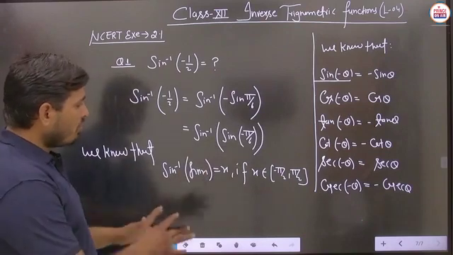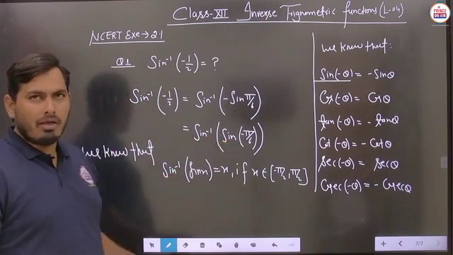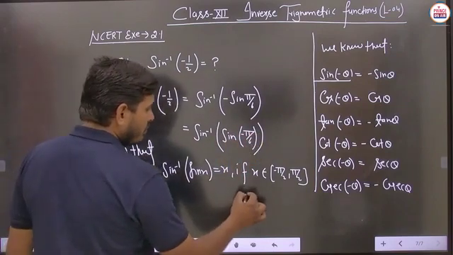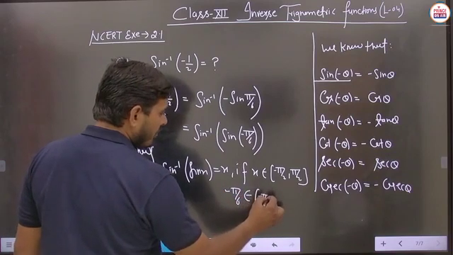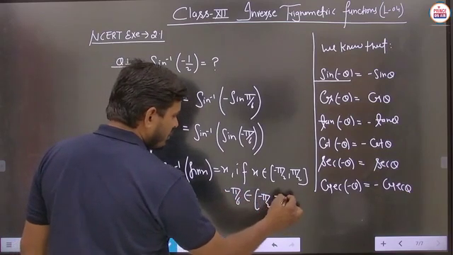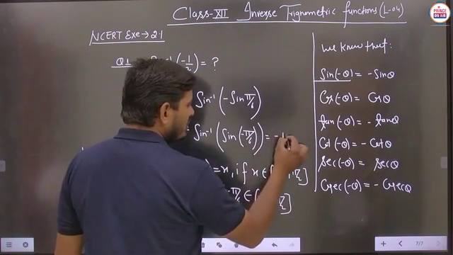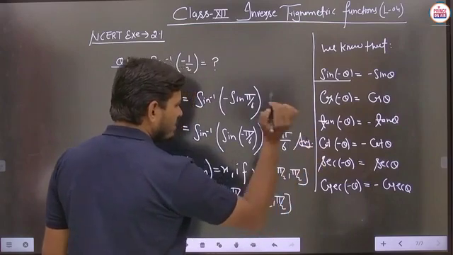So first of all we have to make these kinds of parts. Is it clear? Now we will check this minus pi by 6. Definitely, minus pi by 6 belongs to the interval minus pi by 2 to plus pi by 2, so your answer should be written as minus pi by 6. So this should be considered as the answer, no problem.